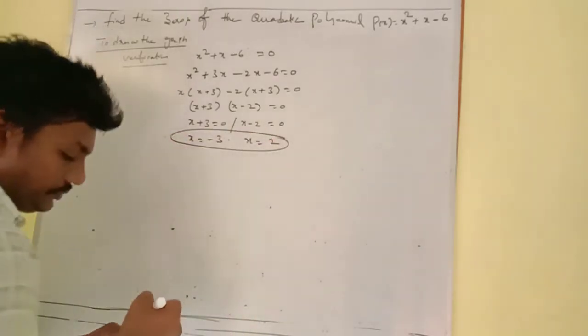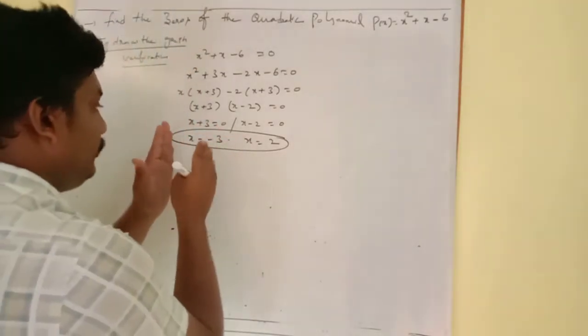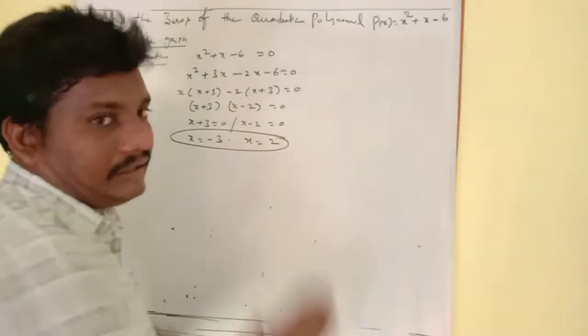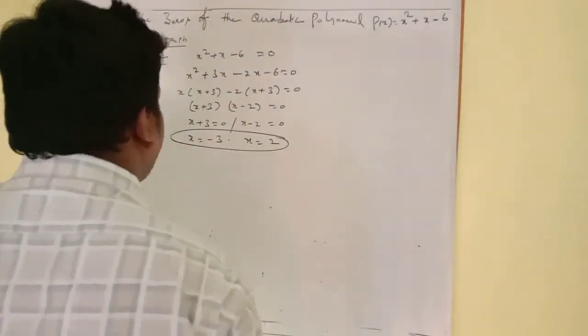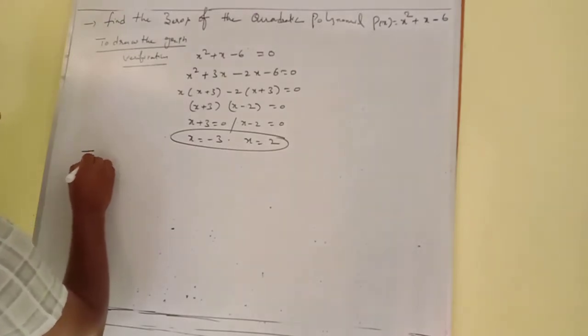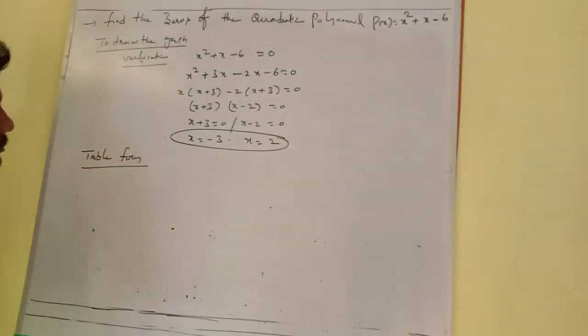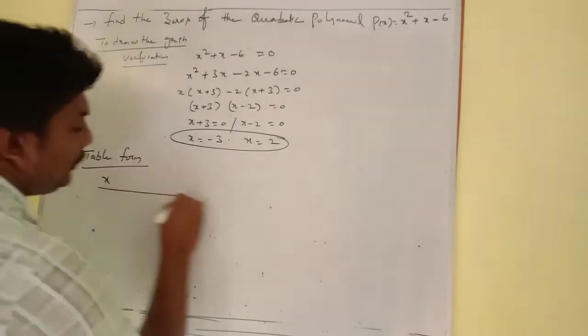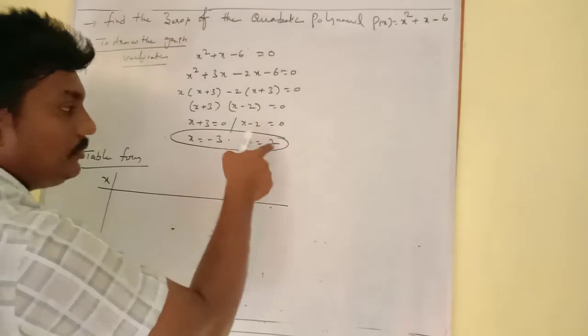These are the zeros. So the zeros lie from minus 3 to plus 2, and that's the reason why we are going to consider the tabular form. So x values we are going to consider in table form, here minus 3 to plus 2.